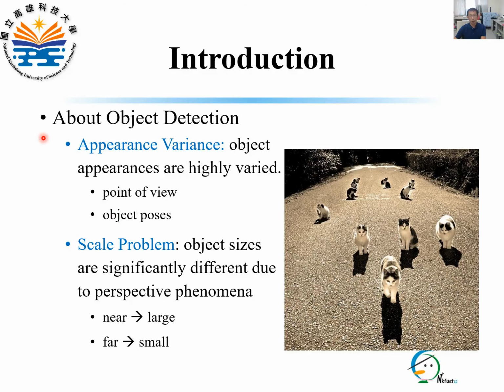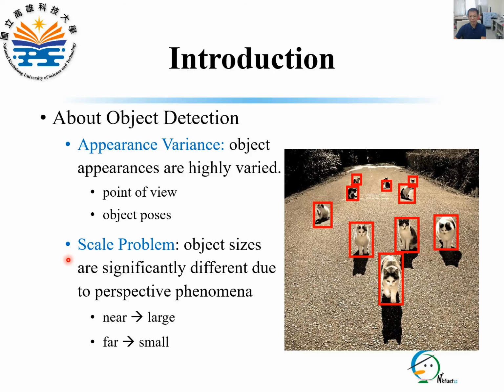The two main challenges of object detection are appearance variance and the scale problem. Appearance variance denotes that object appearances belonging to the same class are highly varied due to point of view or poses. As the cats enclosed by the rectangles, their appearances are highly varied.